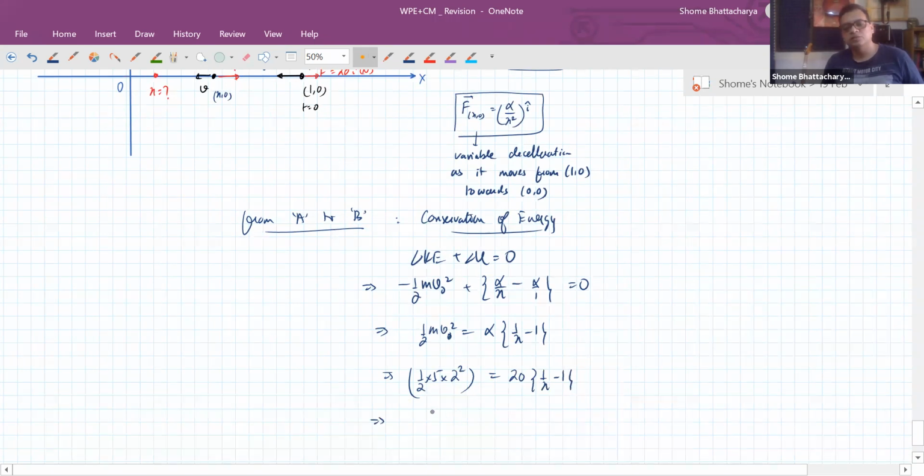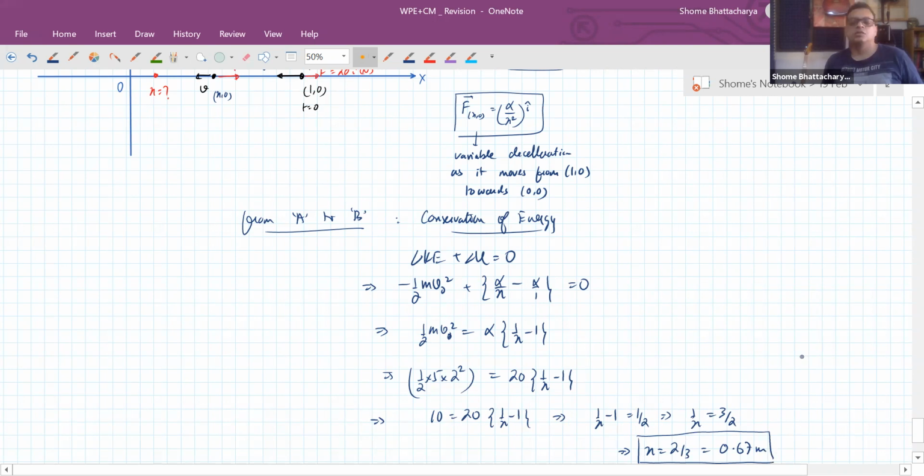So as you can see from this, we will get x equal to 2 by 3. So this is the position where the particle stops.